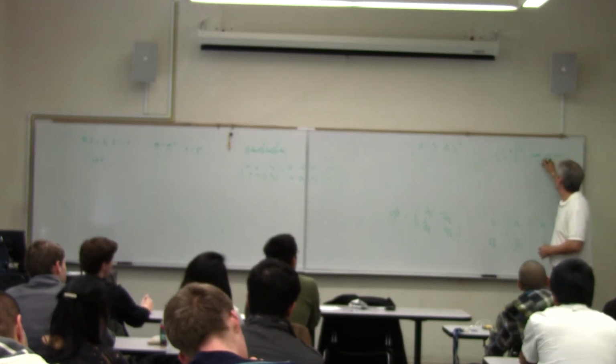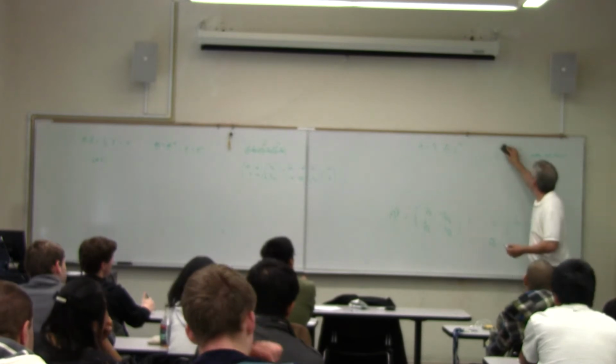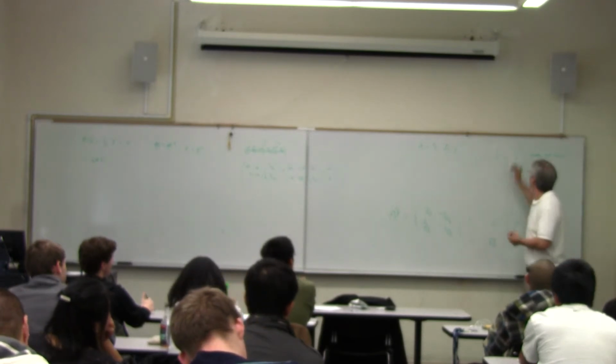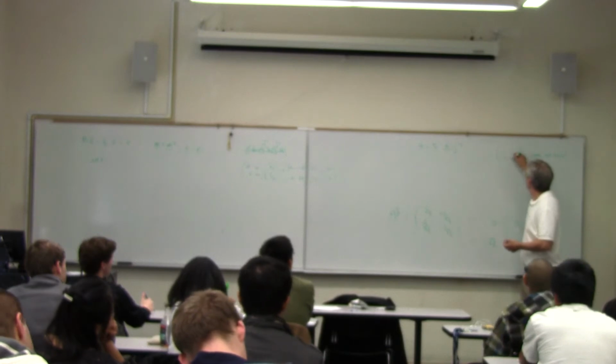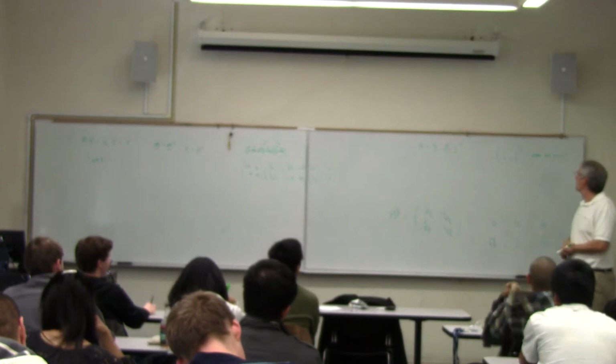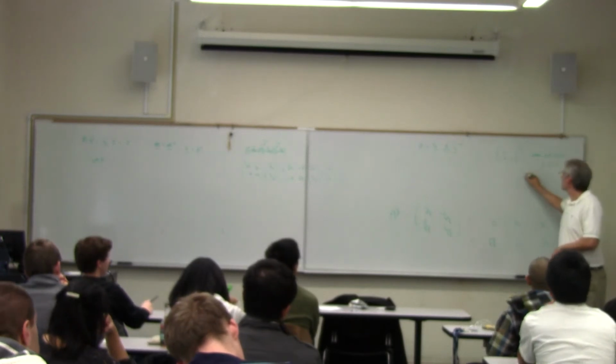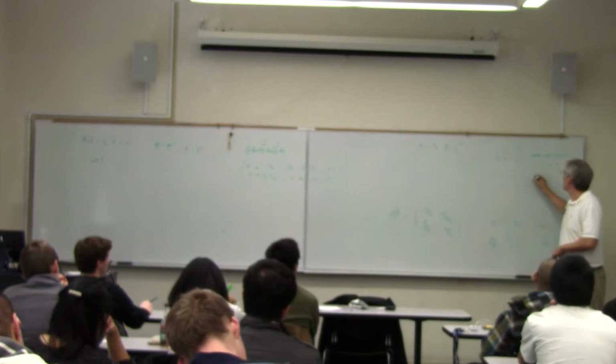Particularly if, let me see, no, I think I have that backwards. Lambda 1, lambda, okay? So for example, if lambda is equal to 0, so the matrix 0, 1, 0, 0.